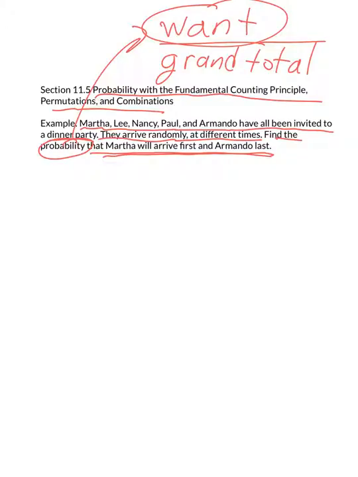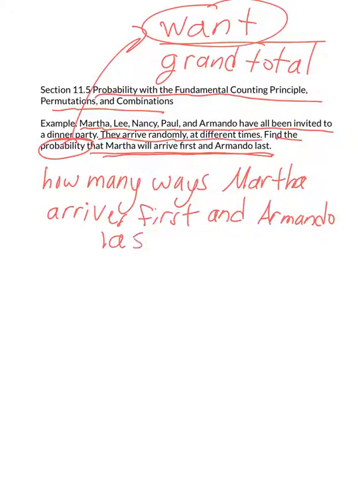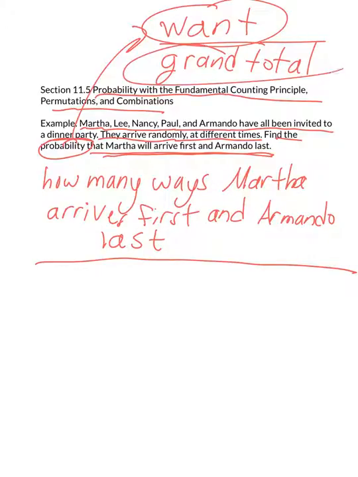So to get that numerator, we're going to have to figure out how many ways Martha arrives first and Armando last. Whatever the question's asking you for, we have to count that for the numerator. Divide by the grand total.